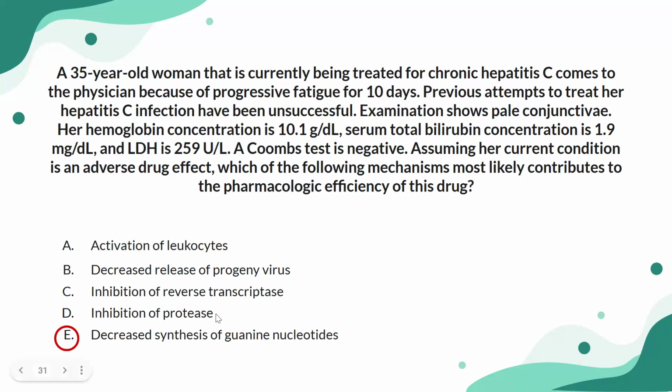And then we have inhibition of proteases. None of the Provirs, the drugs that we talked about, cause hemolytic anemia. So of course, the first one we're talking about is this. We know that ribavirin decreases the synthesis of guanine nucleotides by decreasing the conversion of IMP to GMP, and it does that by inhibiting the inosine monophosphate dehydrogenase enzyme.